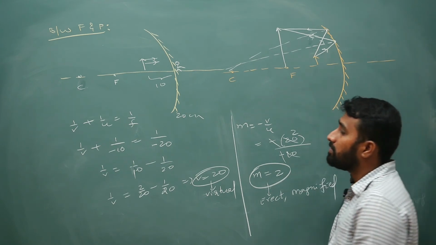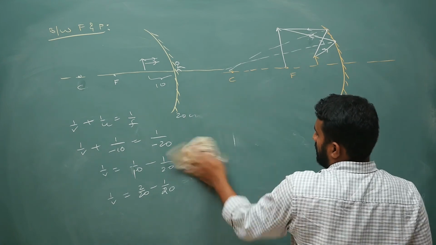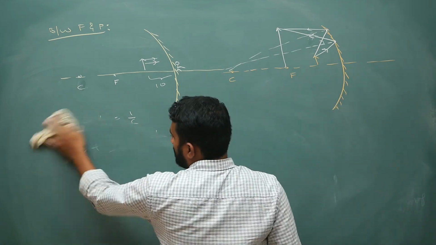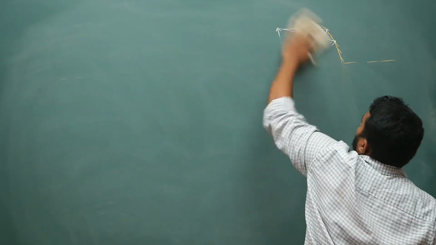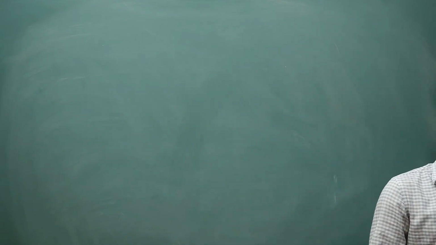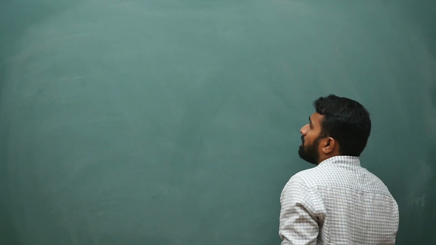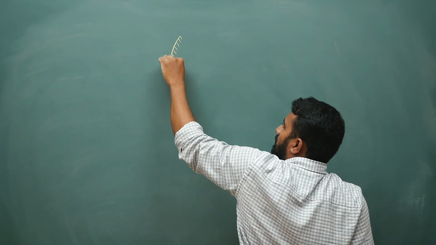Now if you take the same calculation for a convex mirror, a little more things are there. I will do it in the next lecture. In this lecture only sign convention. Now what I want you to try is take a convex mirror.